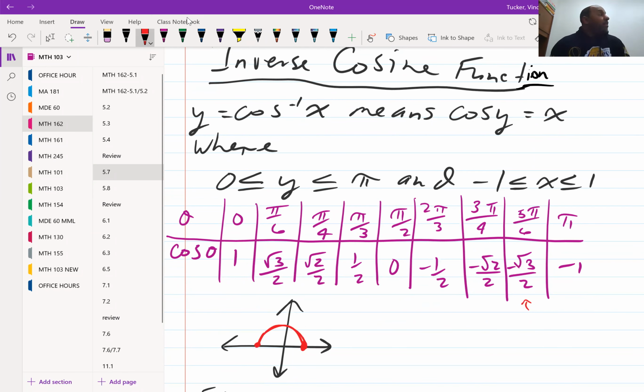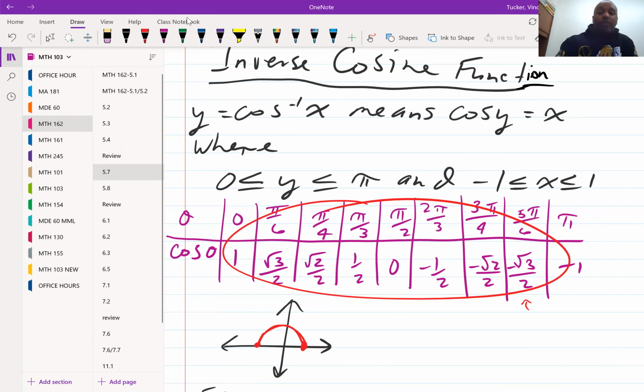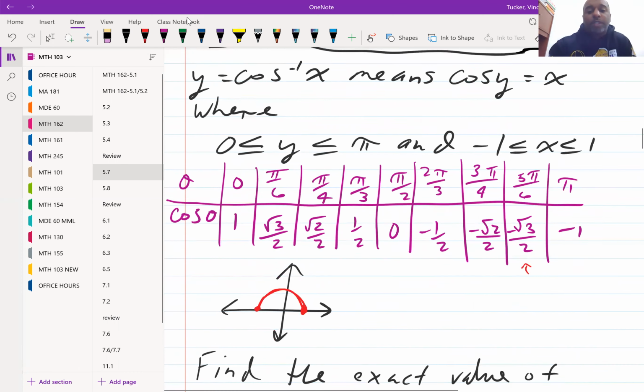So we see cosine inverse. Our domain is going to be the same, but then our y only going from 0 to pi, which is quadrants 1 and 2. And once again, we're going to use this chart just like before. So we're going to follow the same 3 steps.